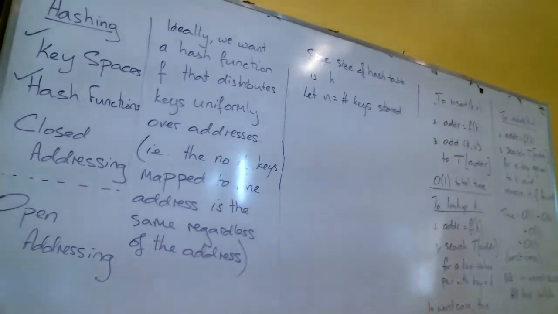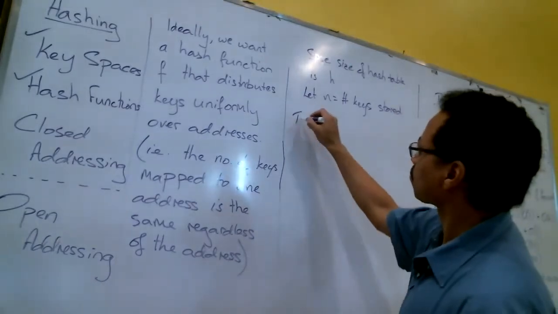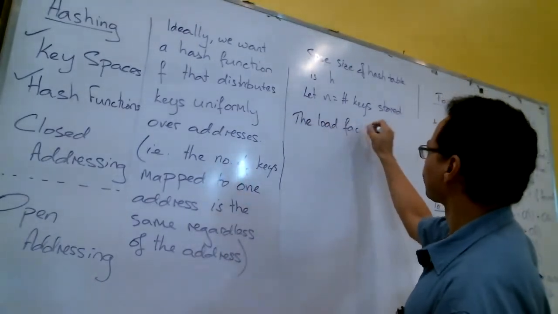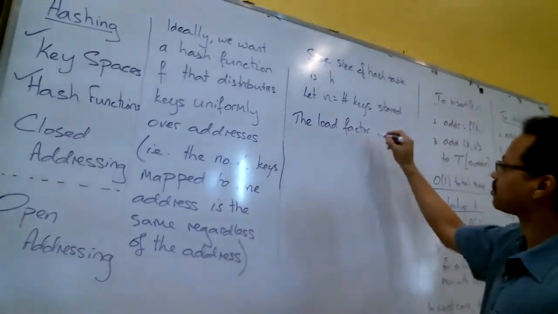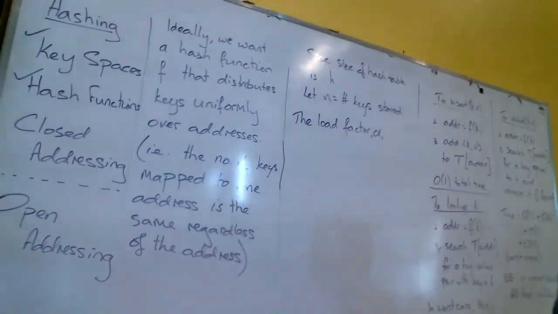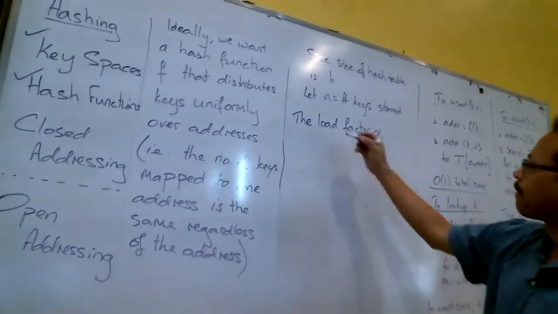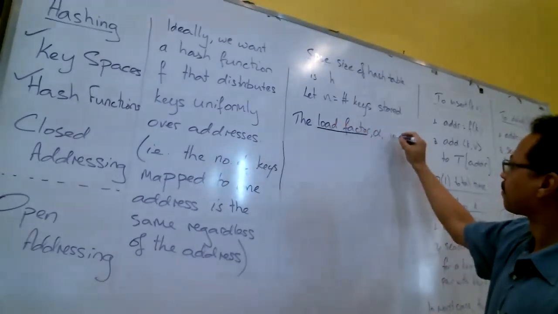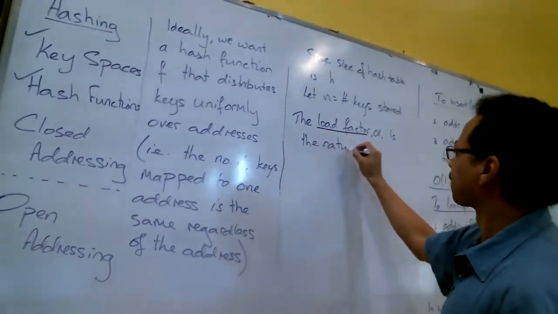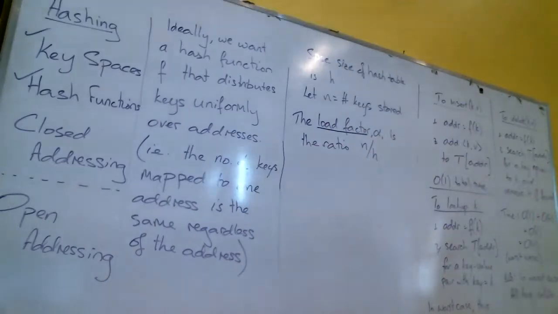Then there's this ratio called the load factor, which you sometimes see, certainly in some textbooks anyway, represented by the symbol alpha. It is the ratio n over h.